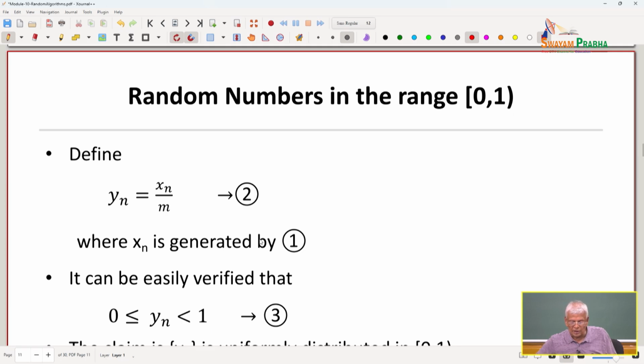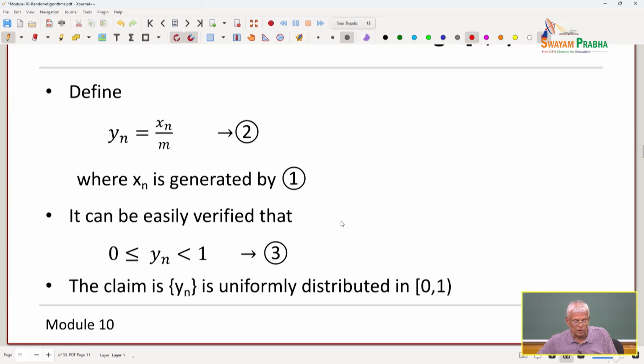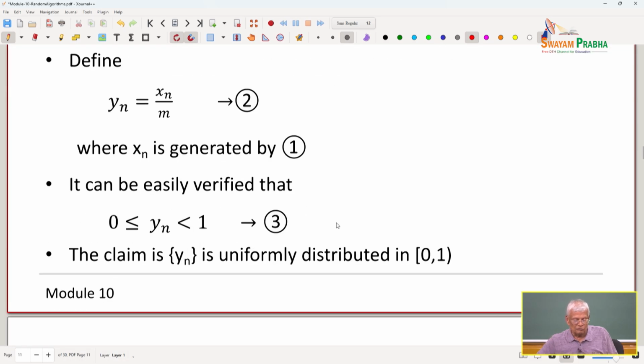So xn is generated by 1, yn is generated by 2. Yn is called random numbers in the interval 0 to 1. We say yn is uniformly distributed random numbers in the interval 0 to 1. What is uniformly distributed random numbers? On 0, 1, the probability density function looks like this. That's 1.